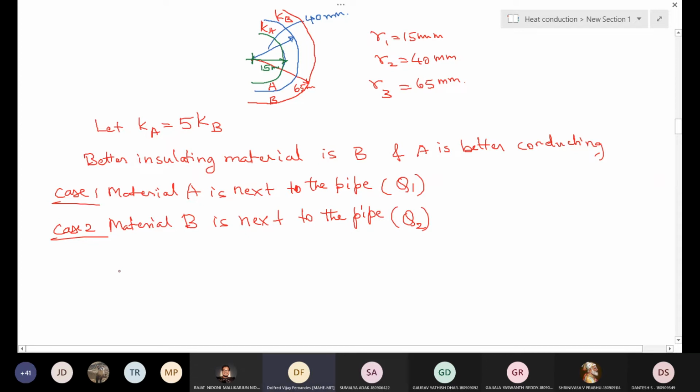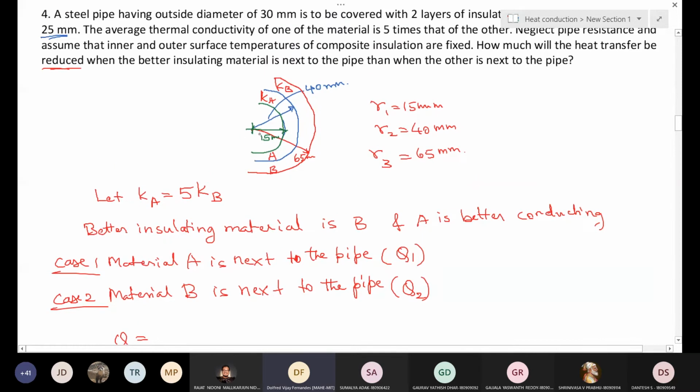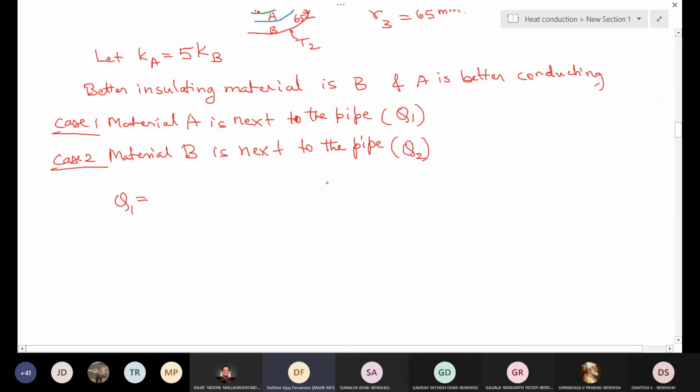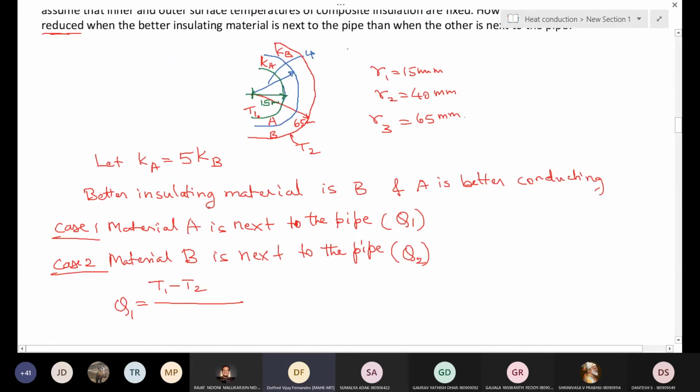So for the first case, when material A is inside, what is Q1? Let me say that temperature here is T1 and temperature on the outside is T2. Then you can write Q1 equal to T1 minus T2 divided by, there will be two resistances. Again, if you want, you can draw the circuit.